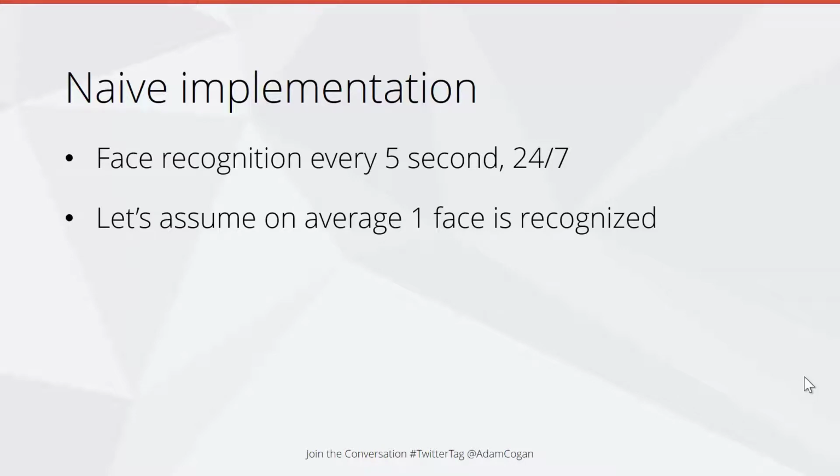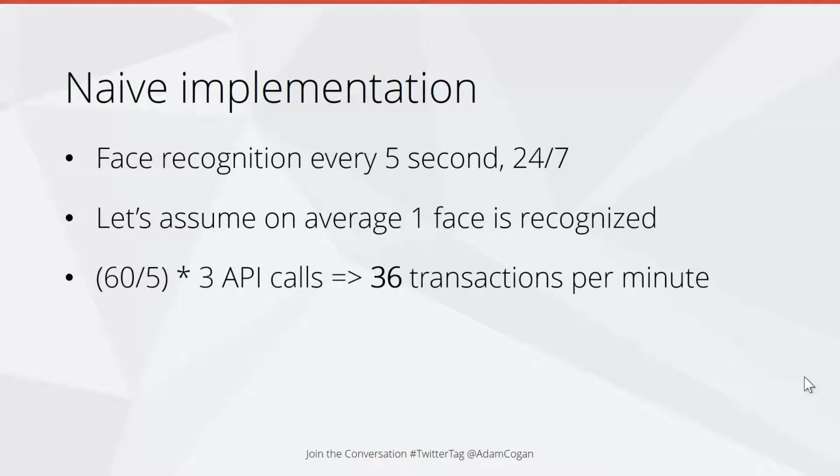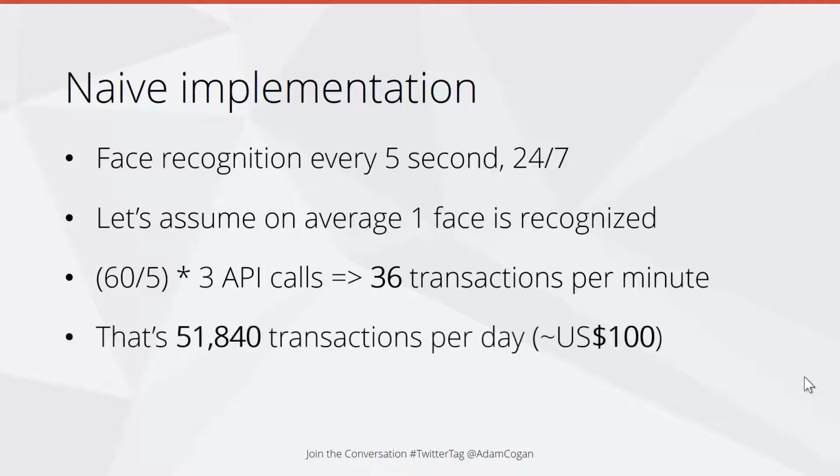So we might not detect faces all the time, but we average it into one face over the entire day. And that comes to 36 transactions per minute. So we are way over the limit of the free tier. And that's about 52,000 transactions per day. Now, those 1,000 transactions don't sound like a lot anymore.